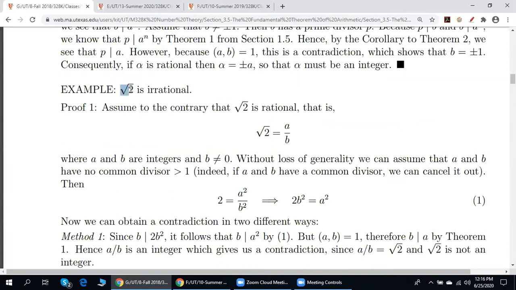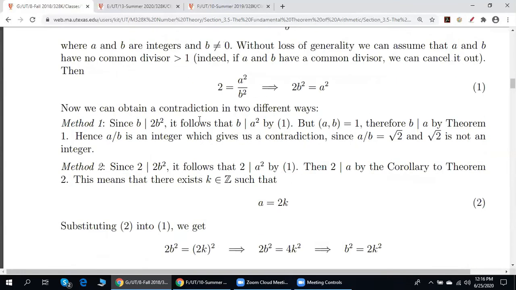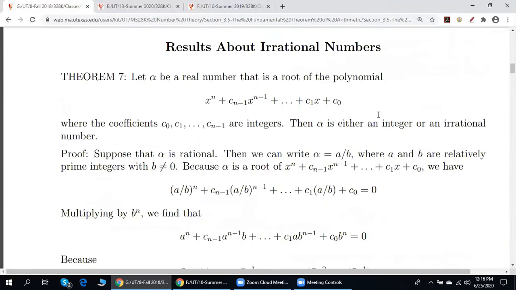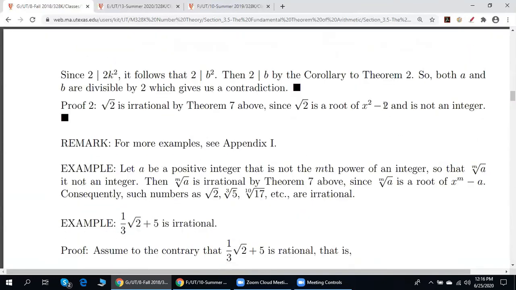As I said, we already proved that square root of 2 is irrational in two different ways. Here is the shortest proof. Note that square root of 2 is a root of the polynomial x squared minus 2. Observe that this polynomial is of this form because the leading coefficient is 1 and the only remaining coefficient, 2, is an integer.